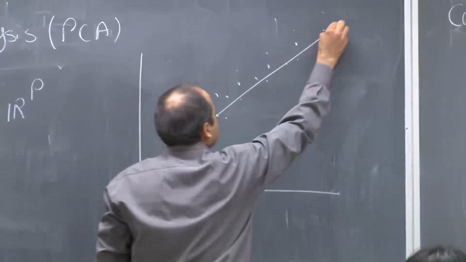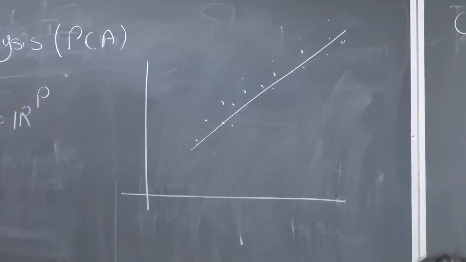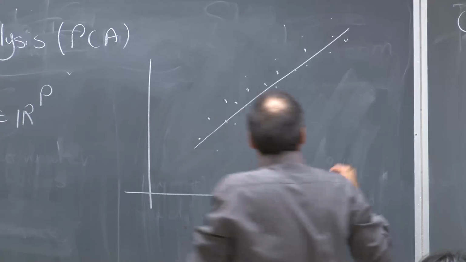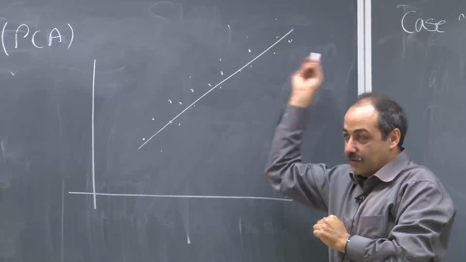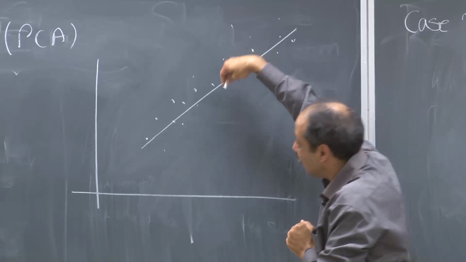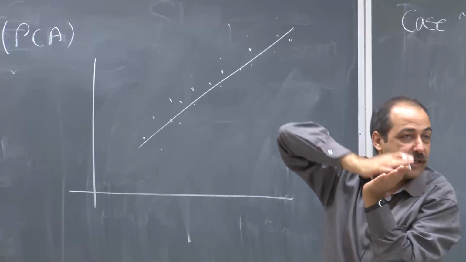This line. So in PCA, we are going to find this line. We are going to find this subspace such that the points are either on that subspace or close to that subspace.